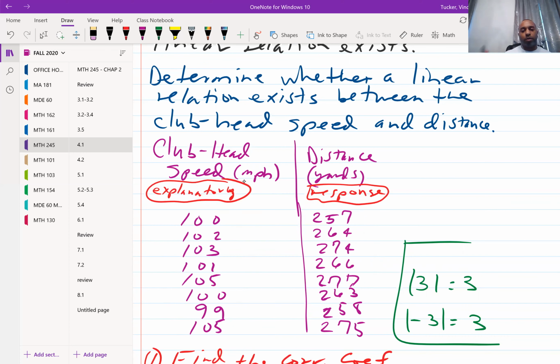So that's the difference between explanatory and response variable. The response variable is responding to what happened, and the explanatory variable explains why what happens in the response variable happens. So you copy those values down.